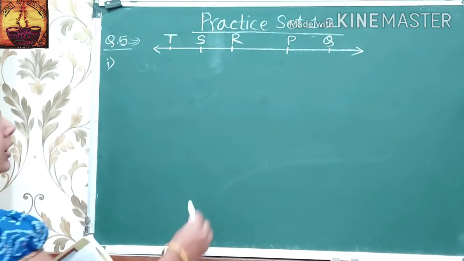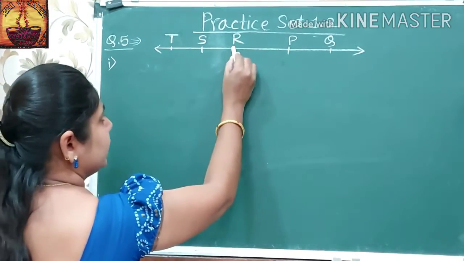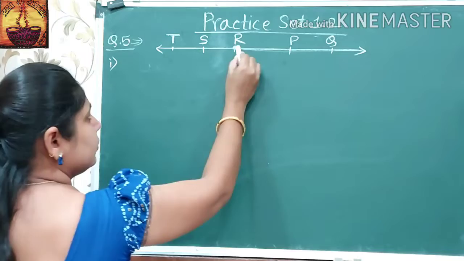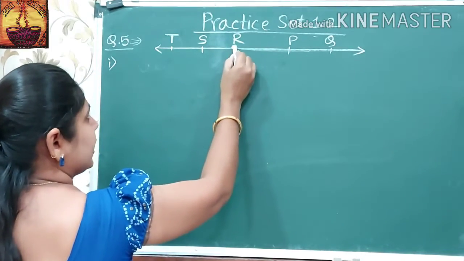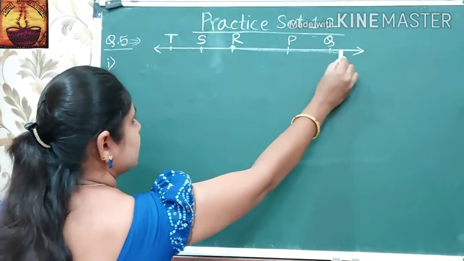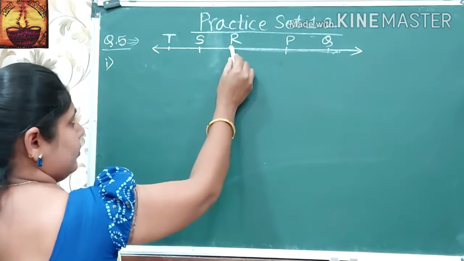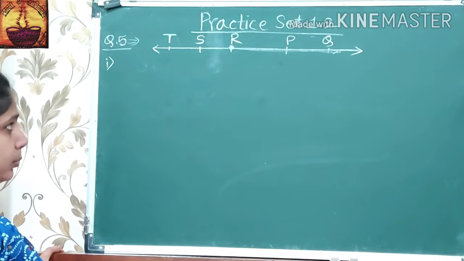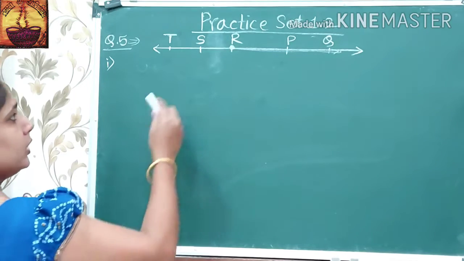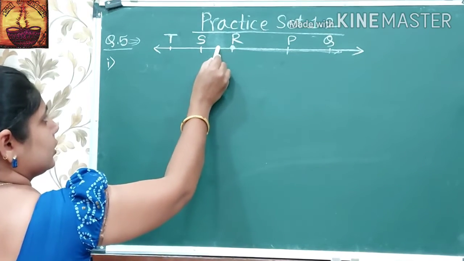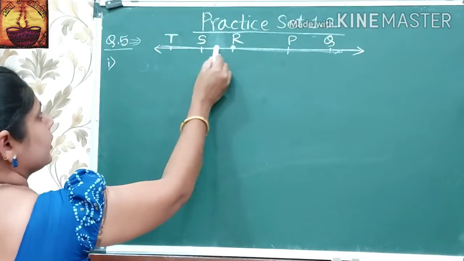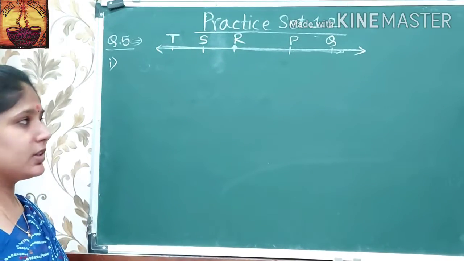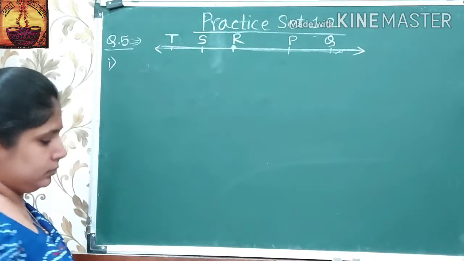Here ray RP starts from R, and we ask the opposite ray of RP. It means that here ray RS or ray RT. These two rays are the opposite rays of ray RP.